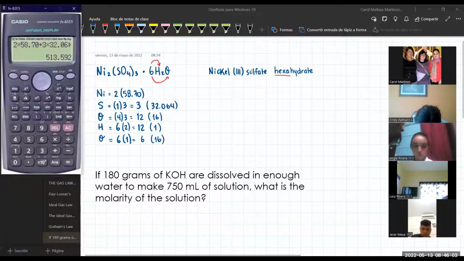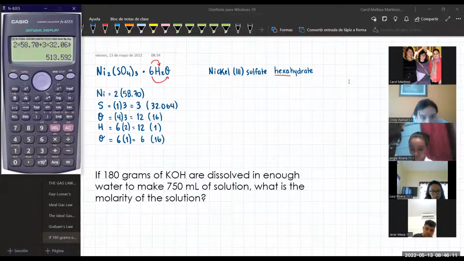Do you get the same as me? As you can see, I don't use parentheses. All I do is I multiply and I add. I separate every element just with the plus symbol. Do you get the same answer as me?